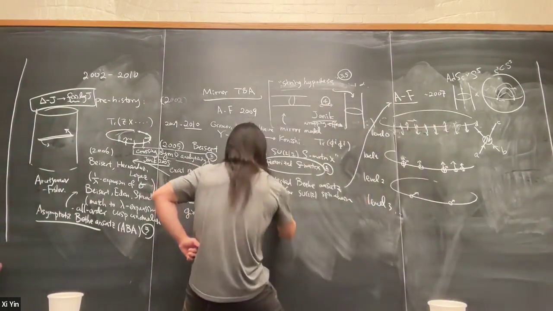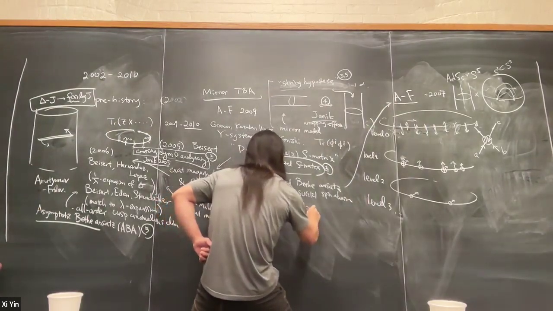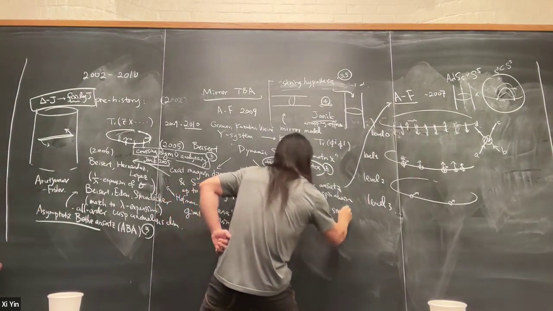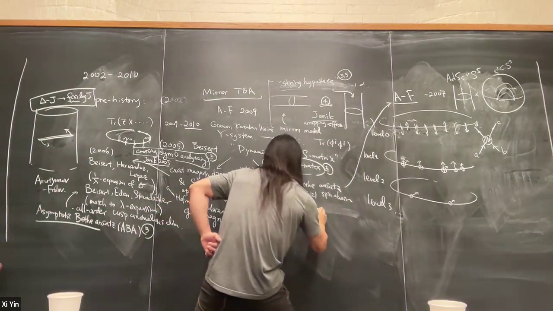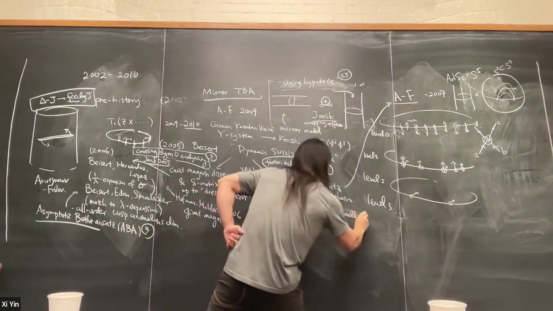So BMN is the limit of small momentum. Let's say magnons of small momentum.